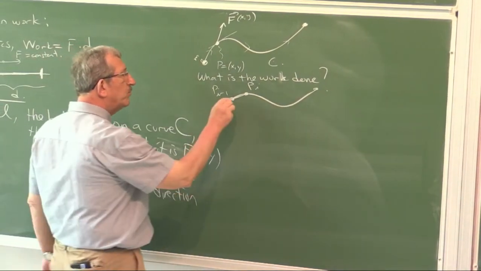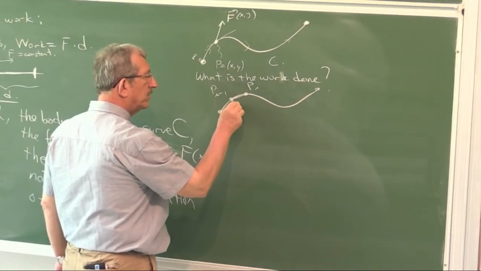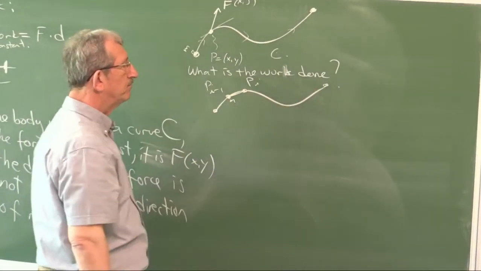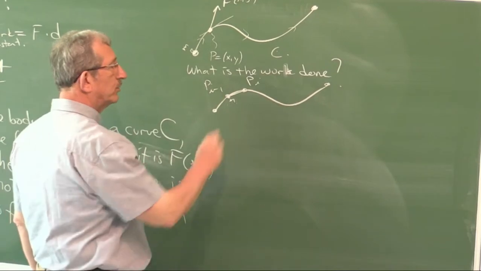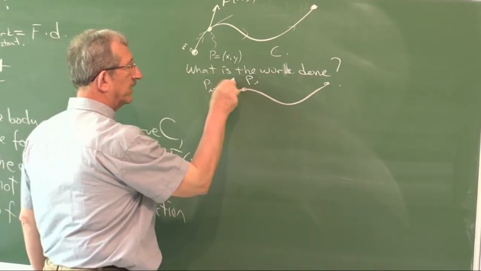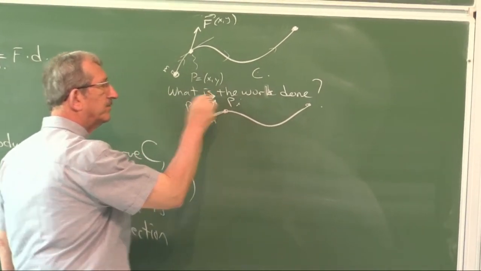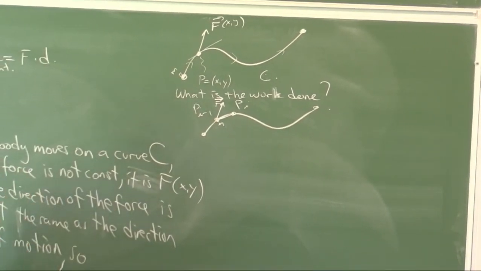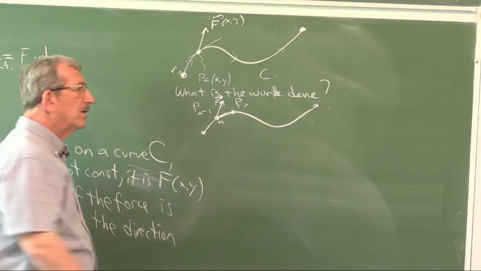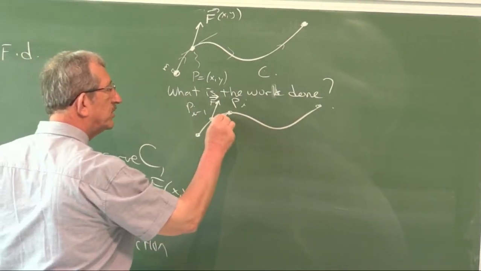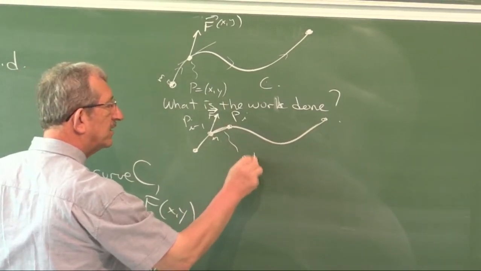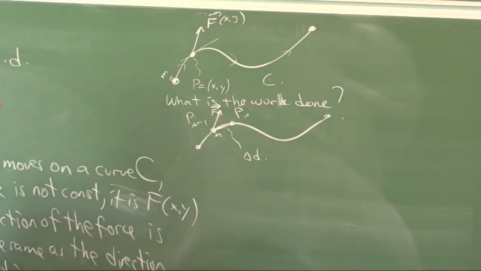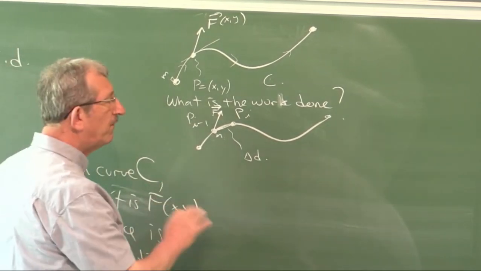Now, when the body moves from here to this point under a force, the force is something like this. It is a vector, because its direction changes from point to point. And in this movement, which is our delta d, we can assume the following.